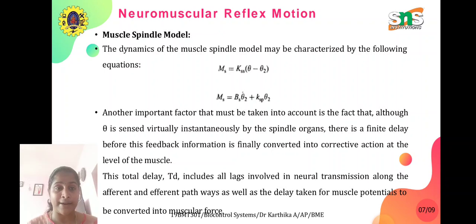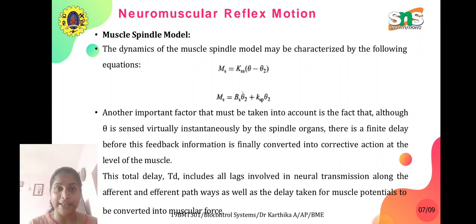Another important factor that must be taken into account is that although theta is sensed virtually instantaneously by the spindle organs, there is a finite delay before this feedback information is finally converted into corrective action at the level of the muscle. This total delay TD includes all lags involved in neural transmission along the afferent and efferent pathways, as well as the delay taken for muscle potentials to be converted into muscular force.